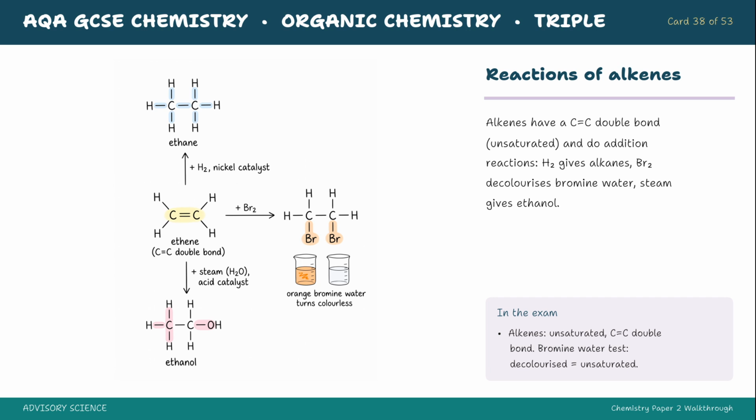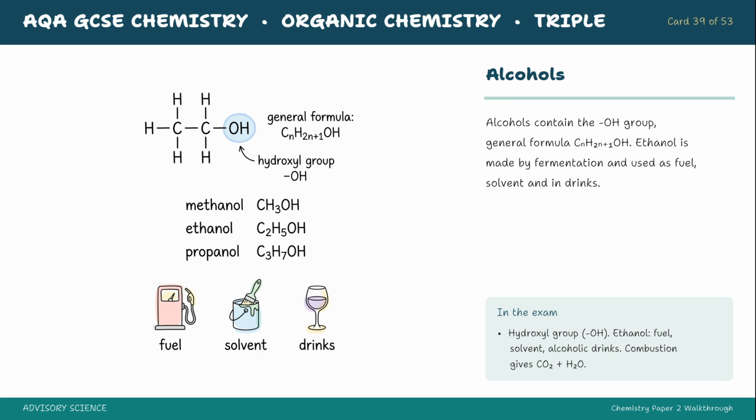Alcohols. Alcohols are a family, or homologous series, with a functional group, OH. The first 4 are methanol, ethanol, propanol, and butanol. They share key properties. They dissolve in water to form a neutral solution. They react with sodium to produce hydrogen.